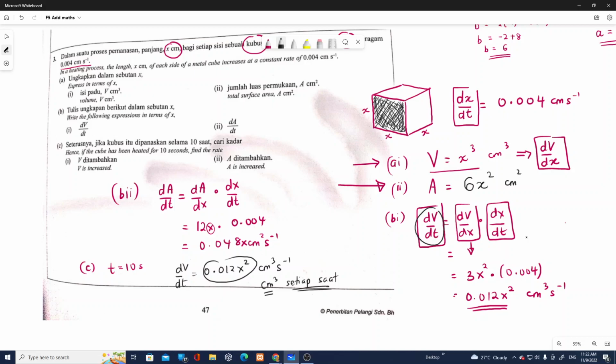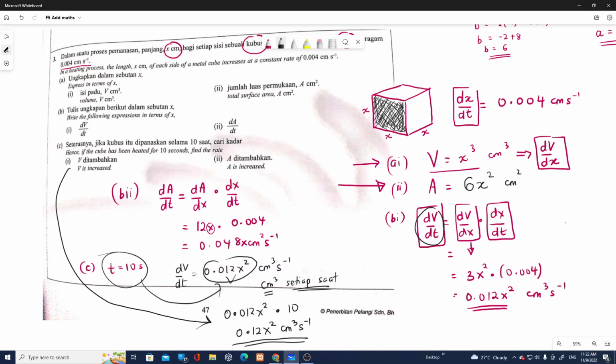Kalau 10 saat, darab 10 sajalah, maka dapat 0.12x kuasa 2 cm padu per saat. Ini jawapannya. Times 10 only.